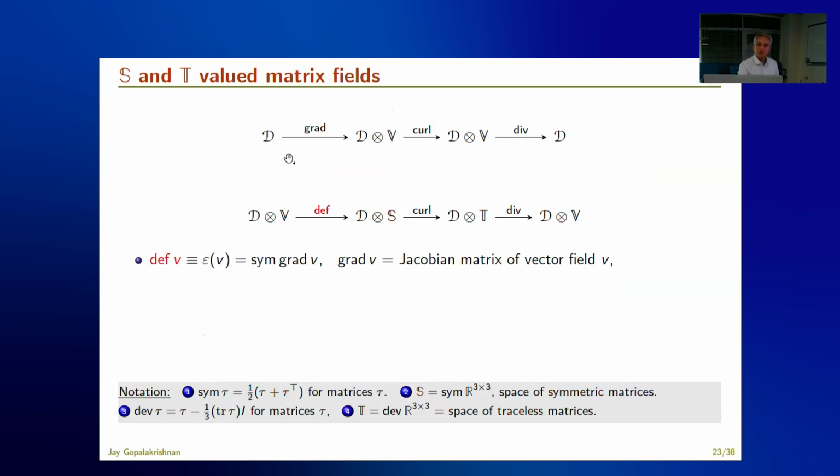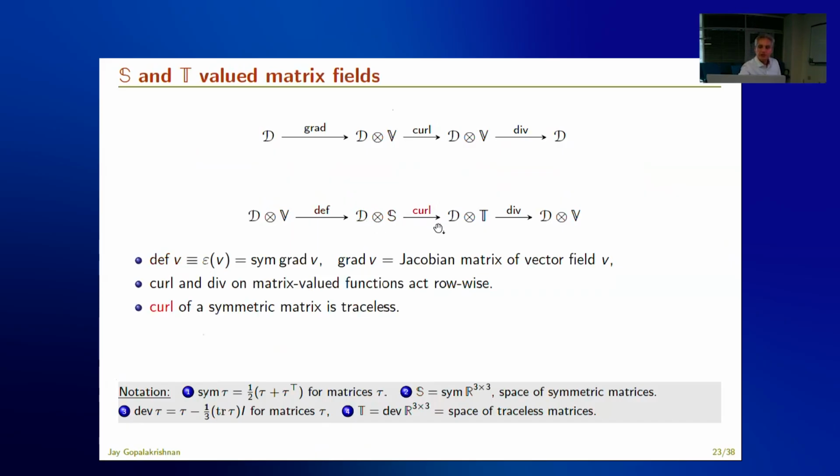The first is the operator that we called epsilon before, the symmetrized gradient. Obviously a symmetrized gradient of a smooth vector field lands into a symmetric matrix field. If you take the curl of it, this is a simple computation, a curl of a symmetric matrix turns out to be trace-free. So you have a deformation operator applied, then a curl, landing into the traceless matrix fields.